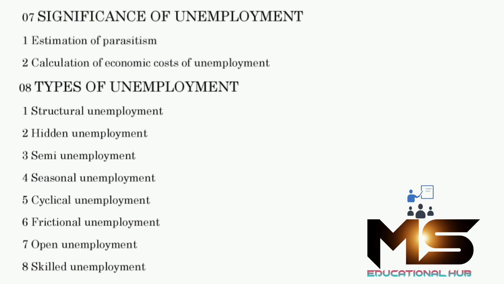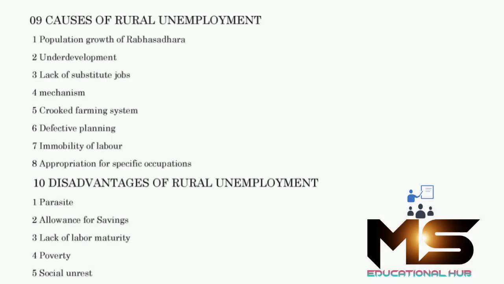Then what are the causes of rural unemployment? Population growth at a high rate, then underdevelopment, then lack of substitute jobs, then mechanization, crooked farming system, defective planning, immobility of labor, then appropriation for specific occupations.